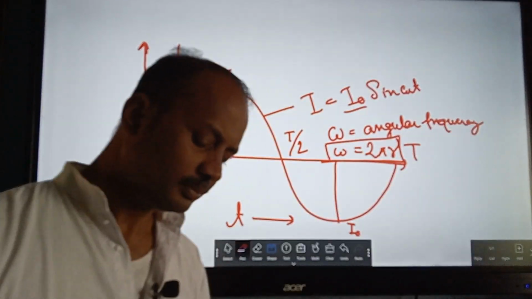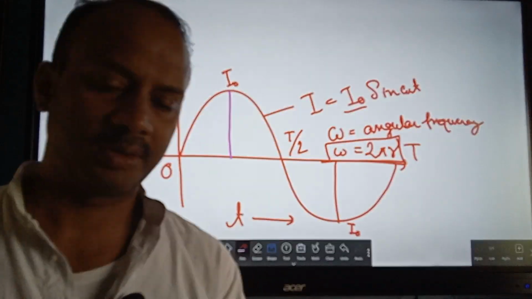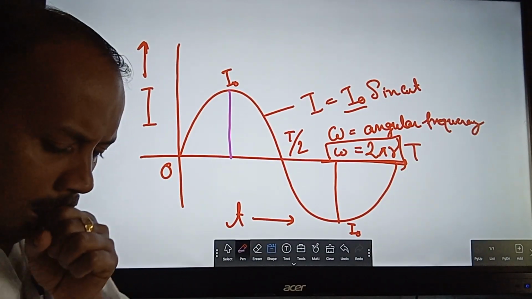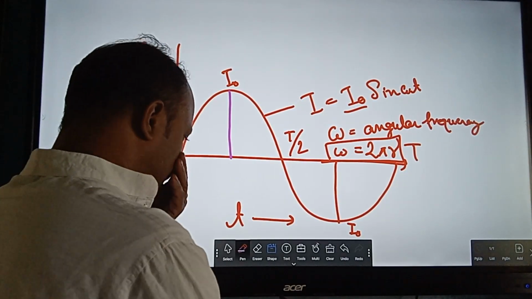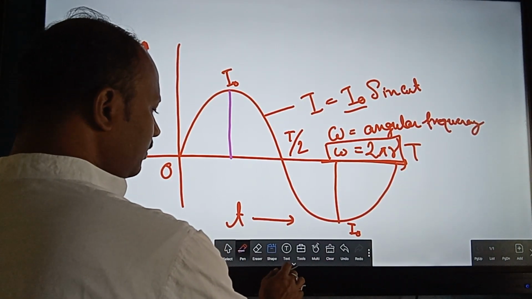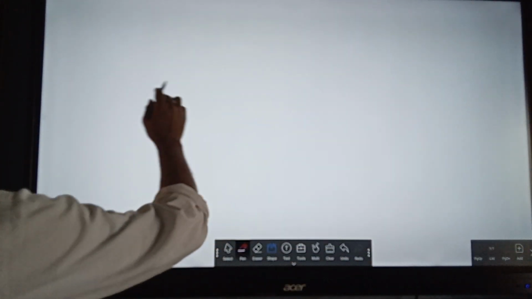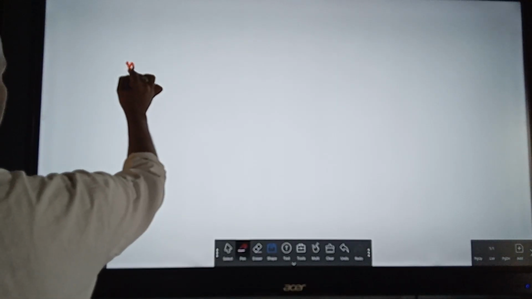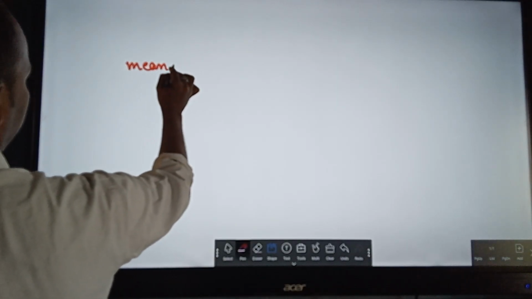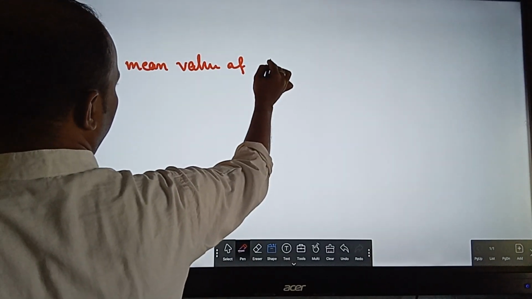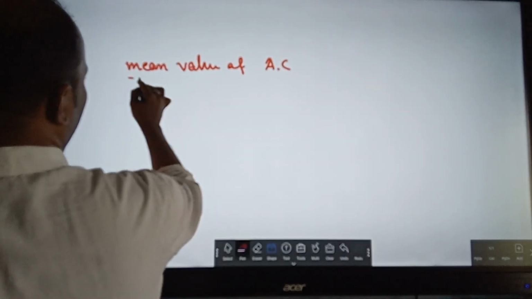Now one question: the mean value. The new topic is the mean value of alternating current.